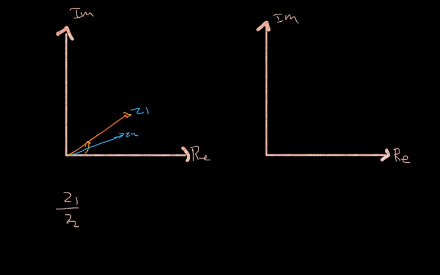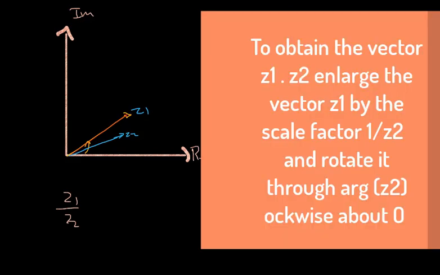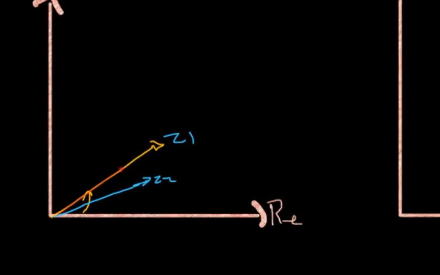So in order to find z1 over z2, we are going to enlarge z1 by a scale factor of 1 over the modulus of z2. We are going to divide, so as you can see, it just gets smaller, because we're dividing. And then the next step is rotation. Rotate through the argument of z2 in the clockwise direction.